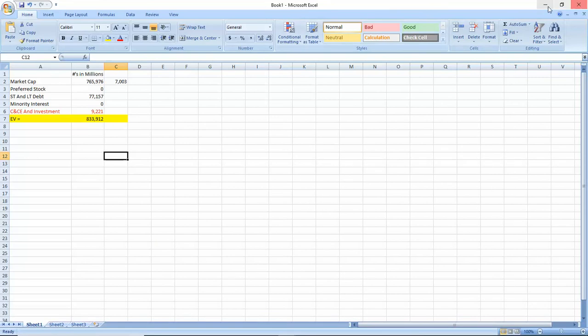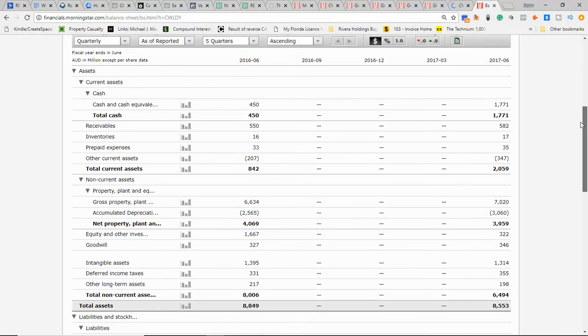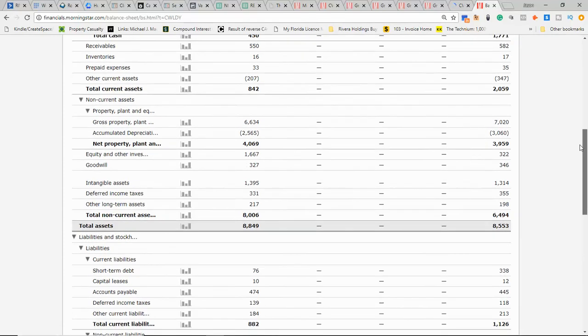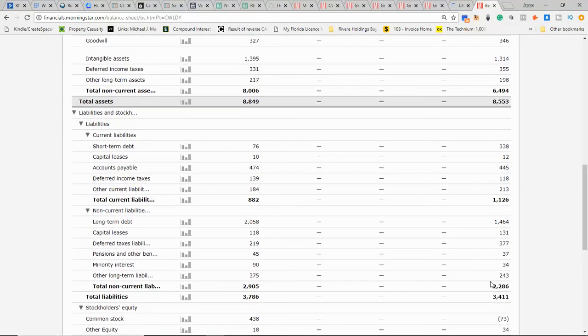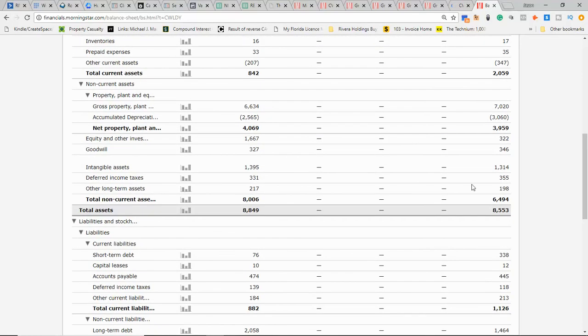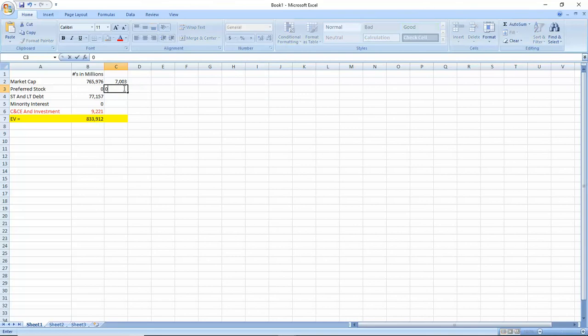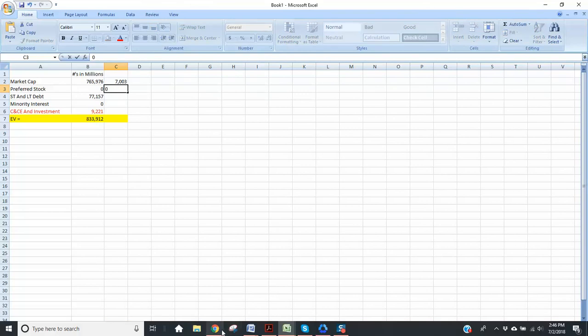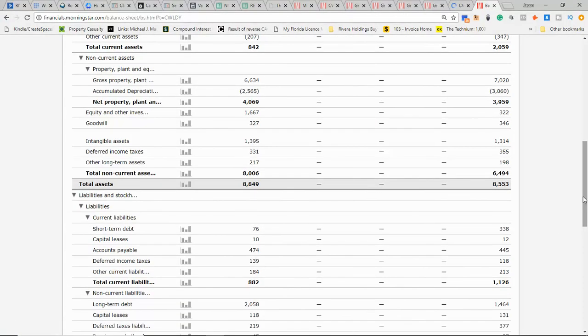Preferred stock. See, here's minority interest. They don't have any preferred stock, so 0, plus short and long-term debt, 338.